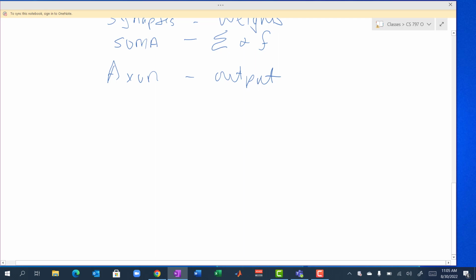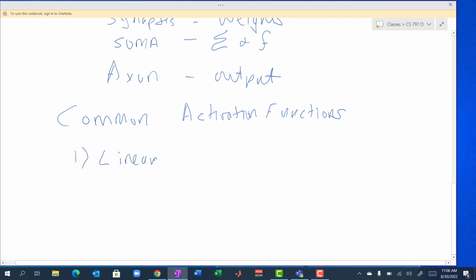The activation functions need to be defined. Some common useful activation functions are, number one, linear, and that just means that we take the input and we multiply by some constant k.